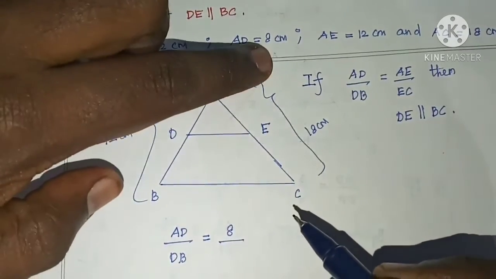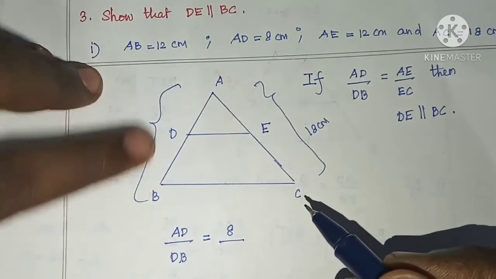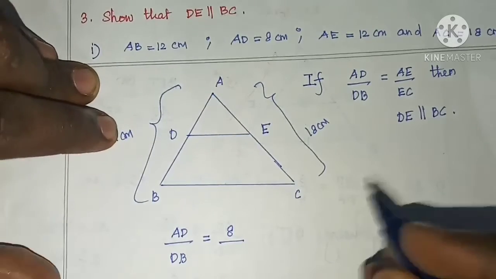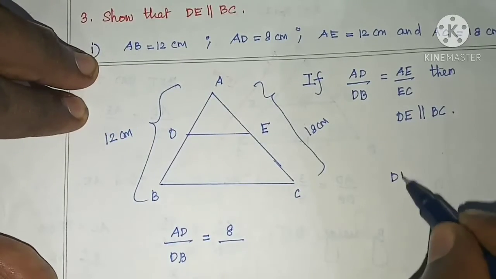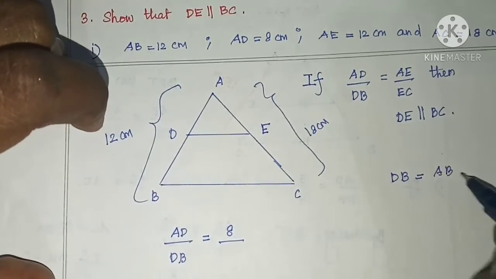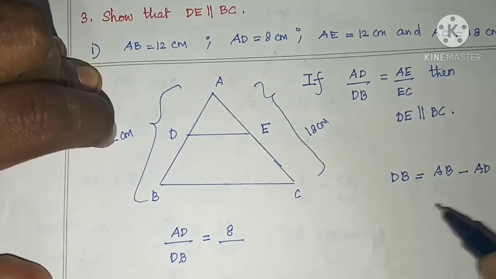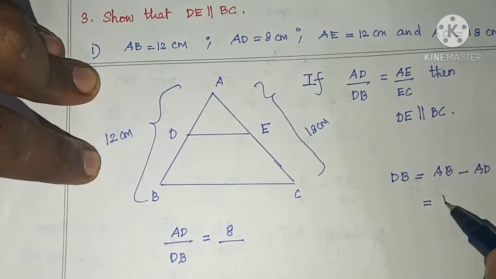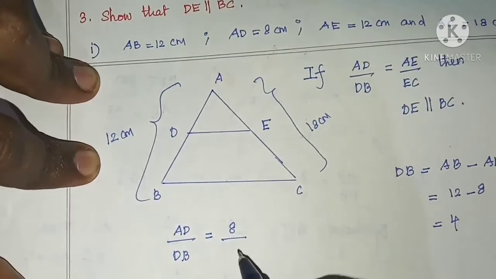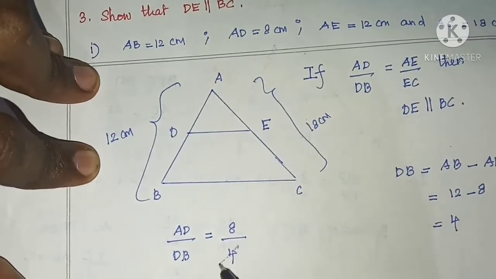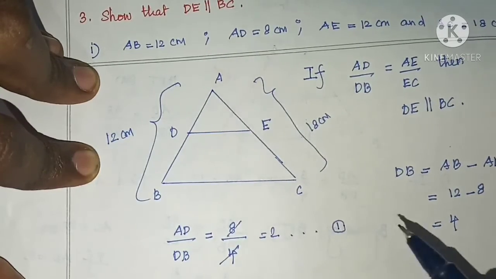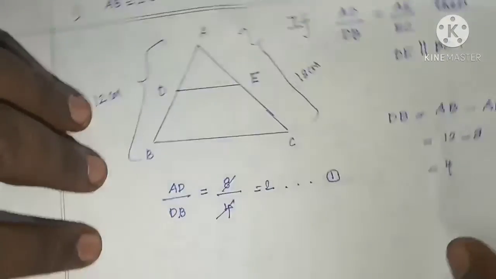What is DB? This DB equal to AB minus AD. AB equal to 12 minus 8. So we get 4. So DB equal to 4. If you simplify, you will get 2. Consider as 1.